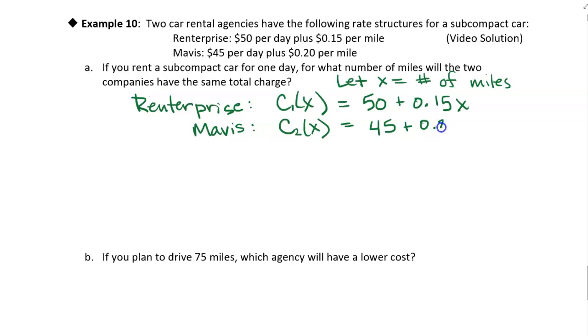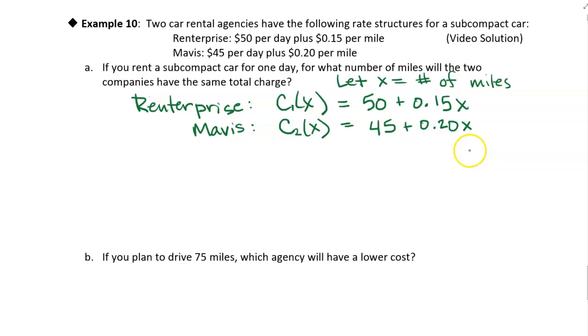So 20 cents is 0.2 dollars, right? So they're just going to charge us $45 and then add the number of miles we drove times $0.2, or 20 cents. And that gives us the cost equation for Mavis.